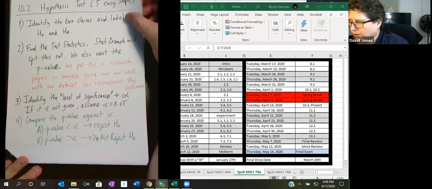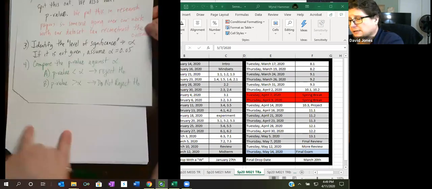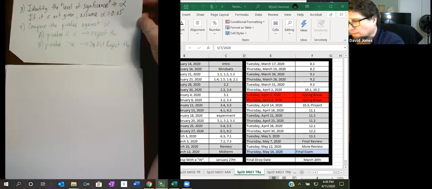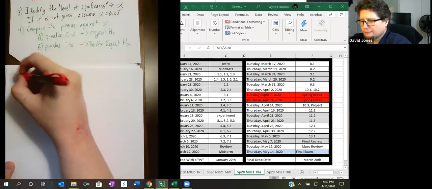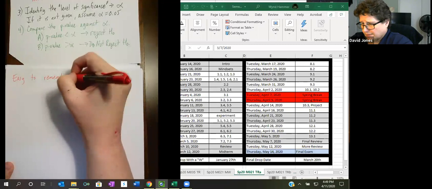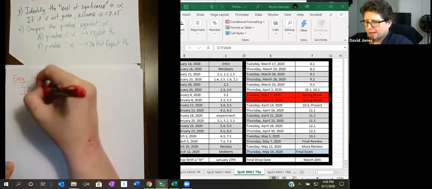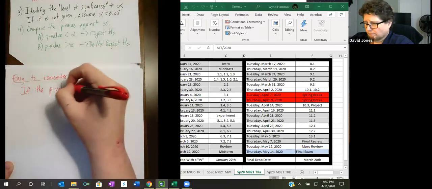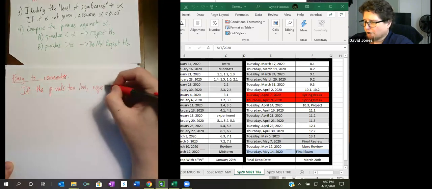That's step 4, and I'm going to put it in a way you can easily remember. If the p-val is too low, reject the hoe.